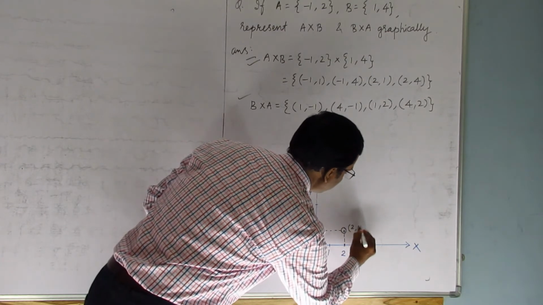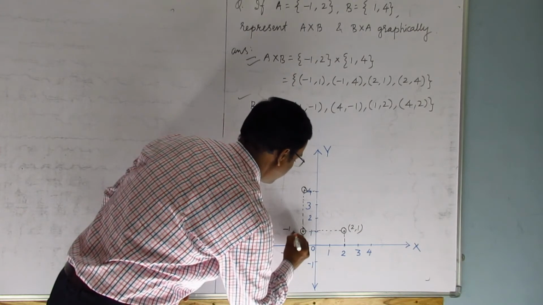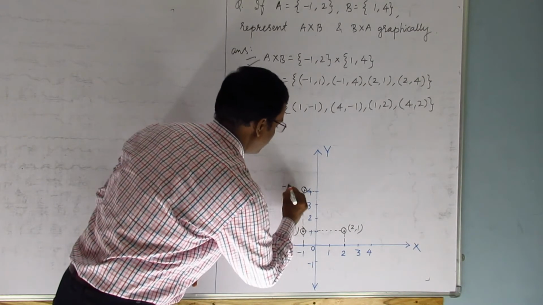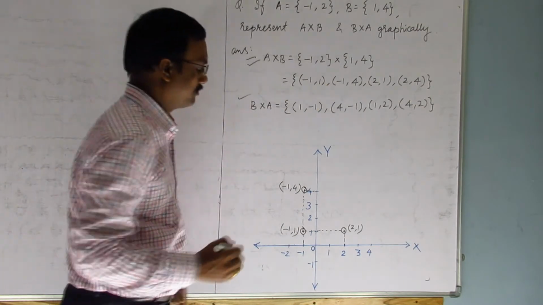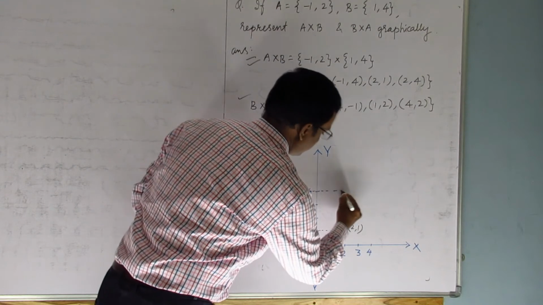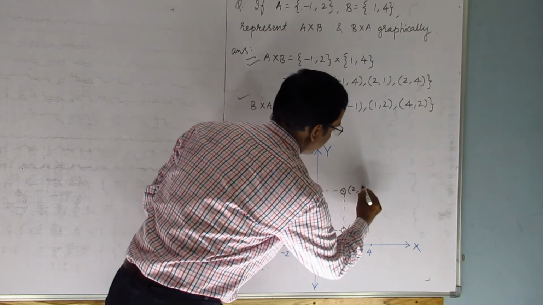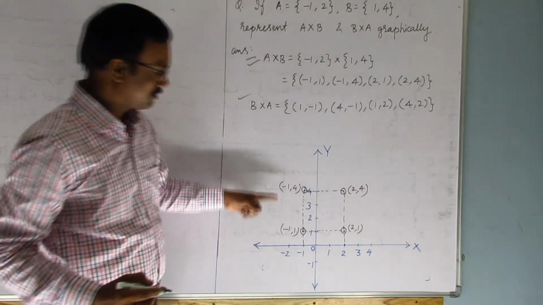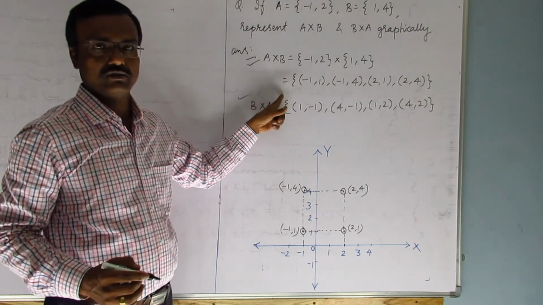This is (2, 1), (-1, 1) here. This is (-1, 4). Next point (2, 4). (2, 4) is this. Okay. So these are the four points of A cross B.